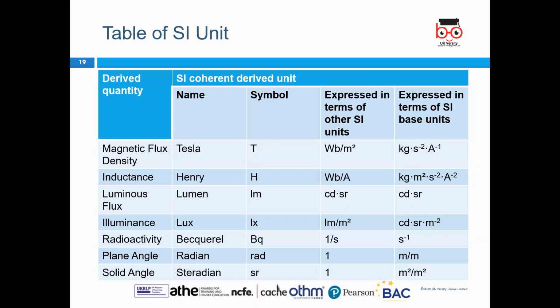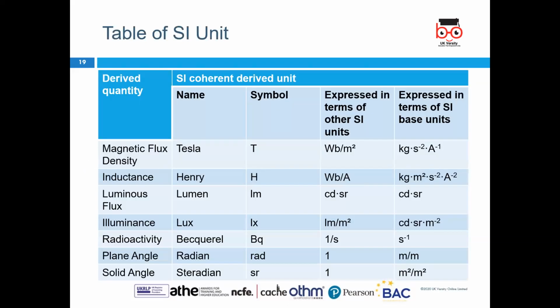We have inductance, which is measured in terms of Henry. We have luminous flux, which is measured in terms of lumen. And we have illuminance, which is measured in terms of lux. And we have radioactivity, which is measured in terms of becquerel. We have plane angle, which is measured in terms of radian. We have solid angle, which is measured in terms of steradian.